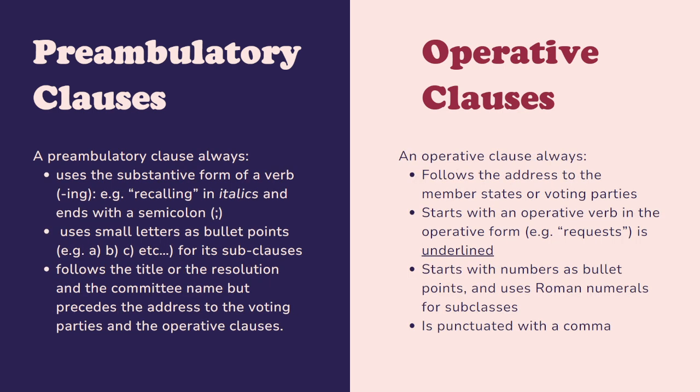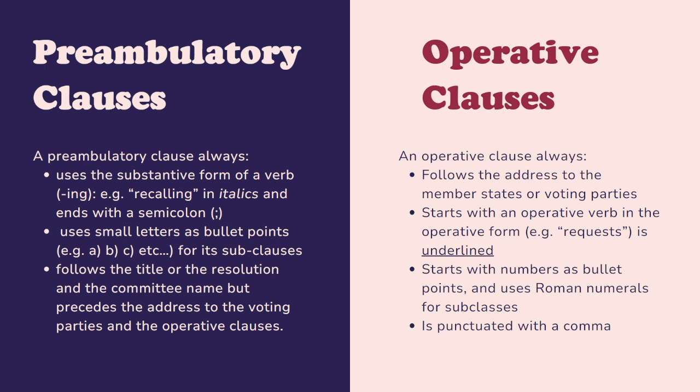Now there are certain ways in which you have to write your preambulatory clauses and operative clauses. For preambulatory clauses, you always use the substantive form of a verb, like the -ing form, for example, recalling, and you put it in italics, and at the end the clause ends with a semicolon. Then you also use small letters as your bullet points, such as A, B, C, for its subclauses.